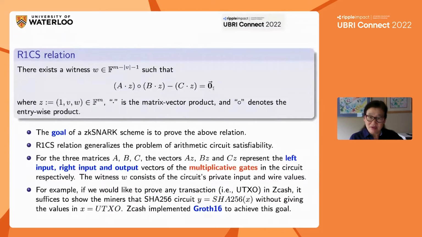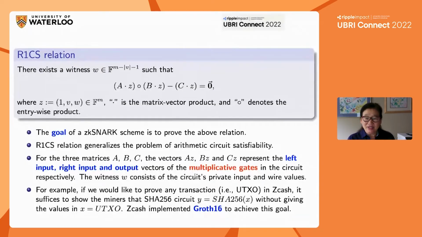Then you have the number of gates, so that's why this is a vector. Okay. So the goal of the zkSNARK scheme is to try to prove this relation. Okay. So R1CS is more general than the problem of arithmetic circuit satisfiability.